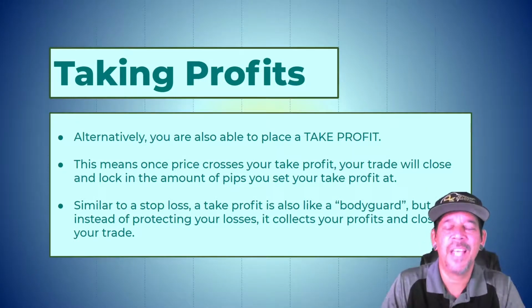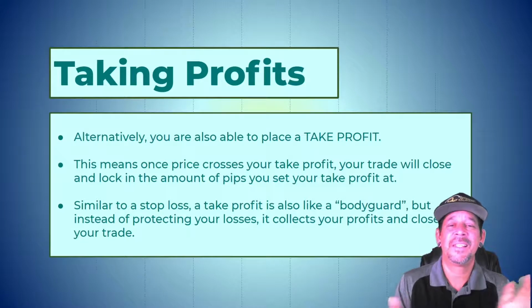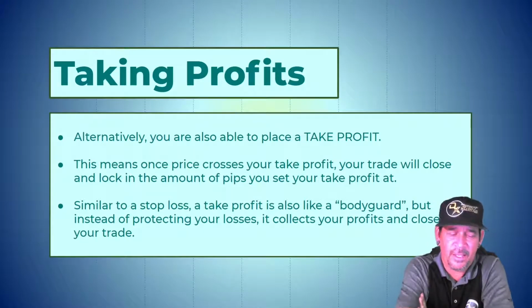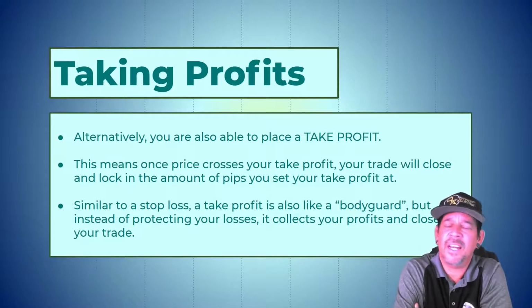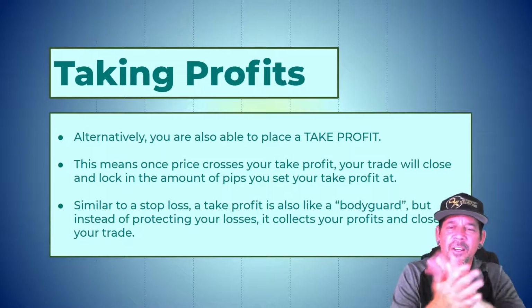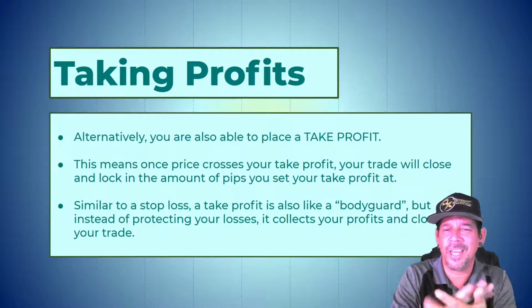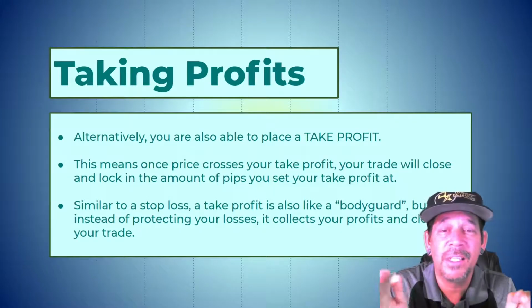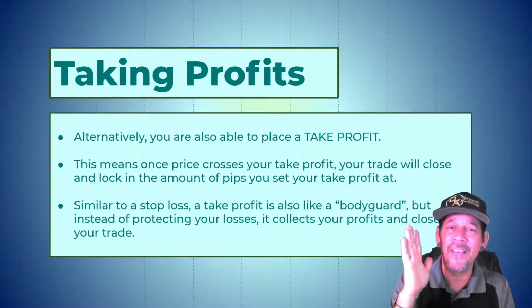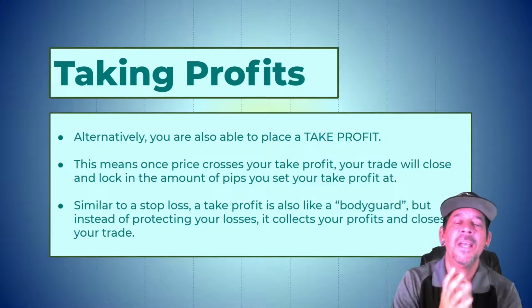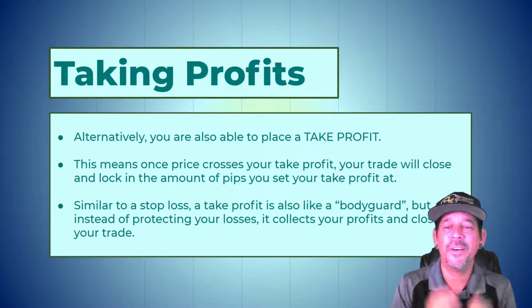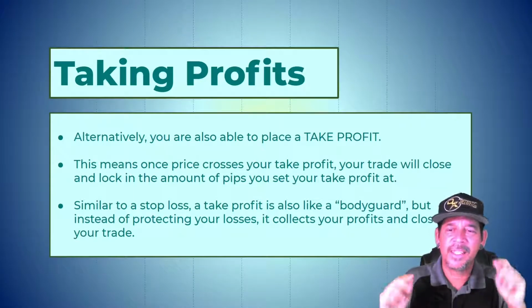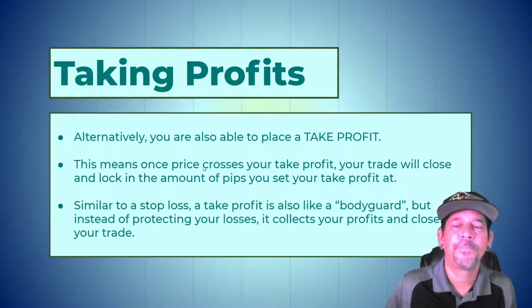You activate your take profit. Your take profit stands there at the price rate that you want to close at, and as soon as the market gets there, your take profit bodyguard says, okay, that's all the profits that my boss wants. He throws it in your broker account, closes it out. When you come back, you automatically have money in your broker account. Okay, so that is a take profit. Now you have initiated set it and forget it trading.